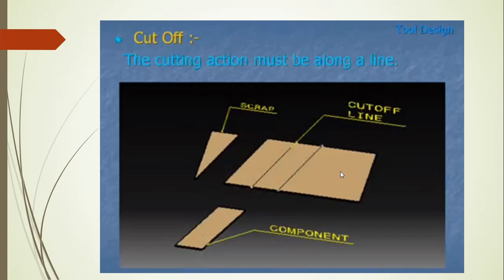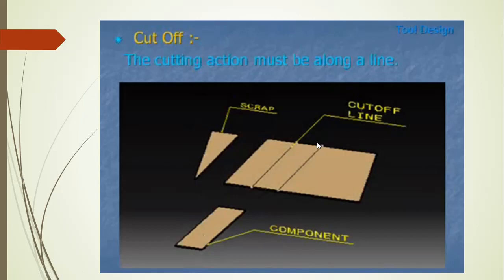If you observe the diagram, along the line all the material is cut. Component 1 is manufactured, then 2, 3, and finally here also. At last we again get rectangular pieces, and the leftover parts are considered scrap, while the rectangular pieces are your product. That means the cutting action must be along the line. What will the shape of the sheet metal be?